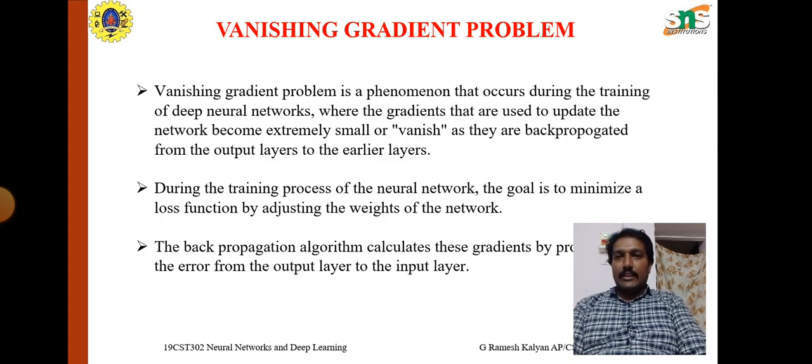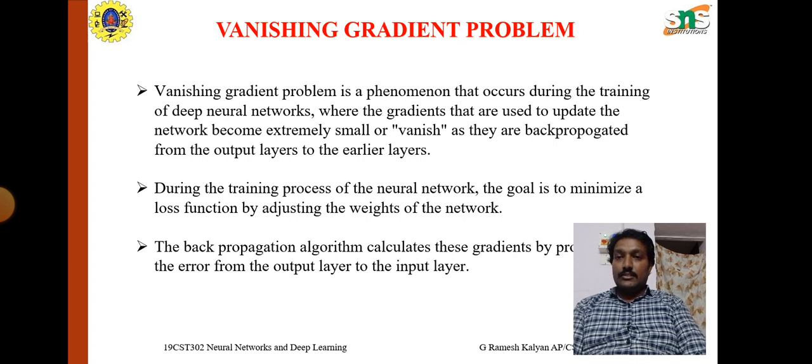So, vanishing gradient problem is a phenomenon that occurs during the training of deep neural networks, where the gradients that are used to update the network become extremely small or vanish as they are backpropagated from the output layers to the earlier layers.